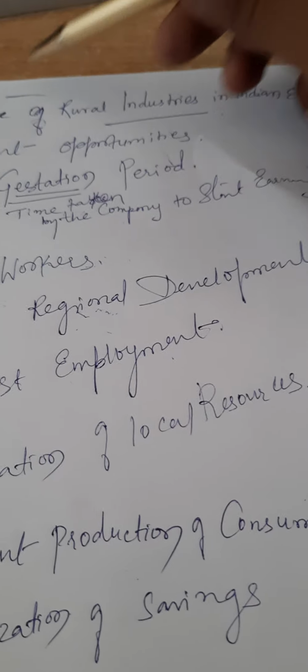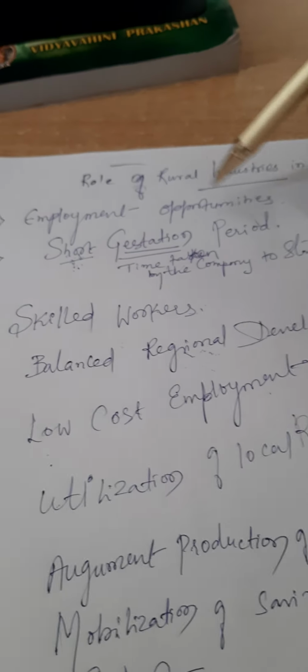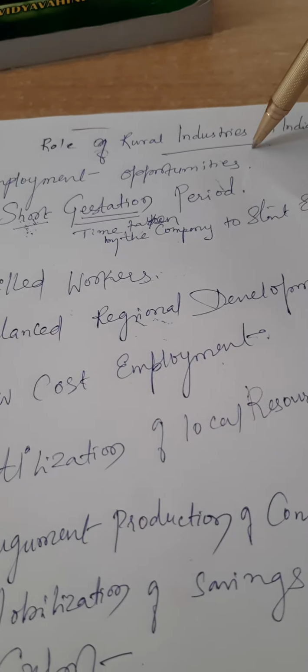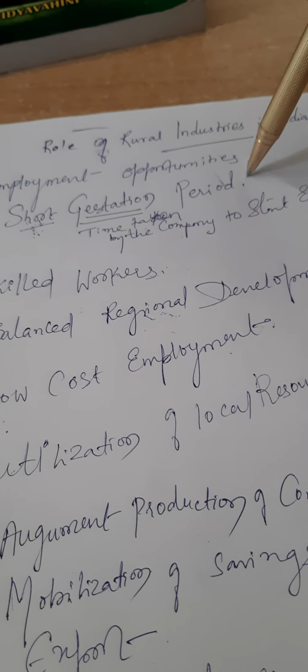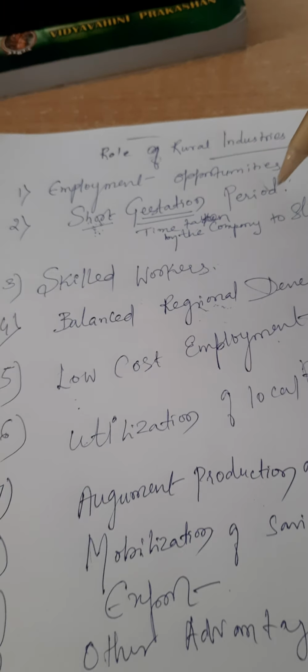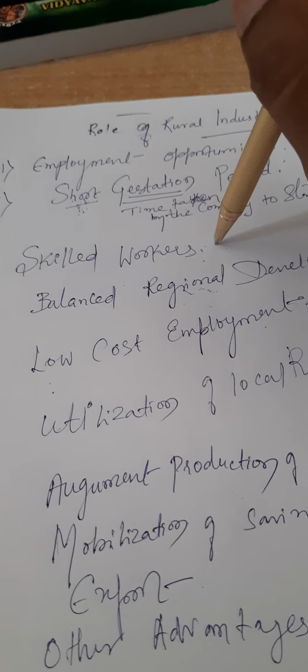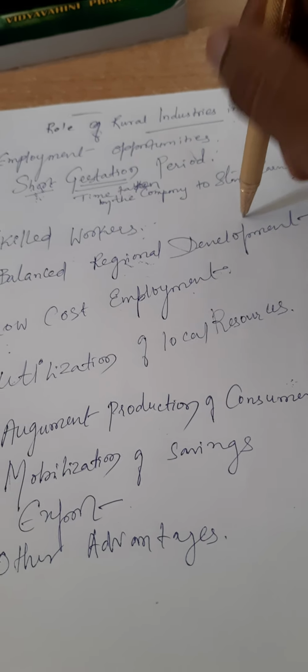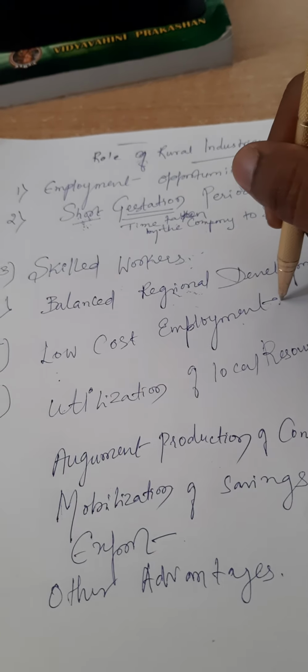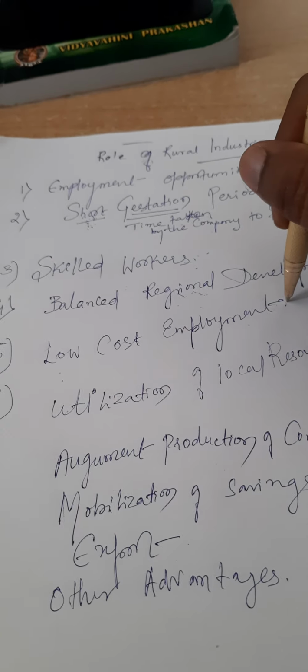I'll repeat all these points again. Role of rural industries in the Indian economy. First point is employment opportunity. Second is shorter gestation period. Third is skilled labor. Fourth is balanced regional development. Fifth is low cost employment. Sixth is utilization of local resources.